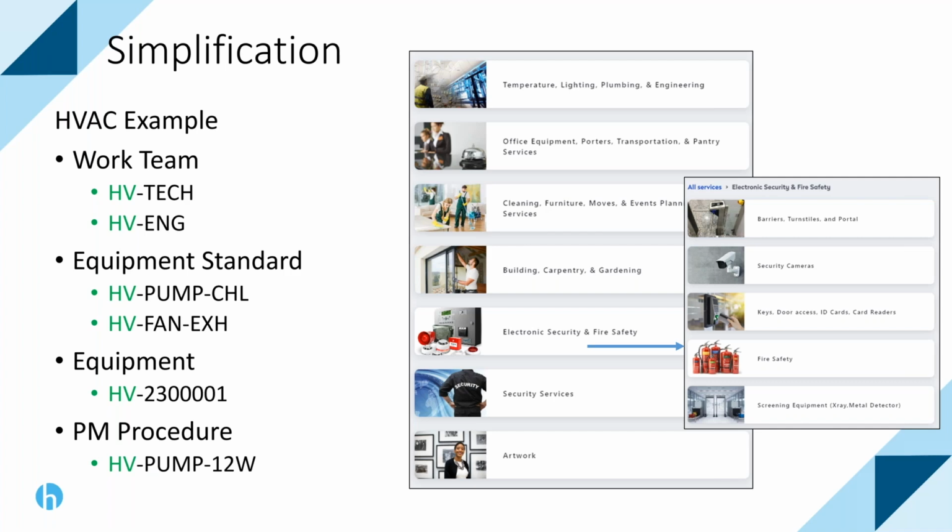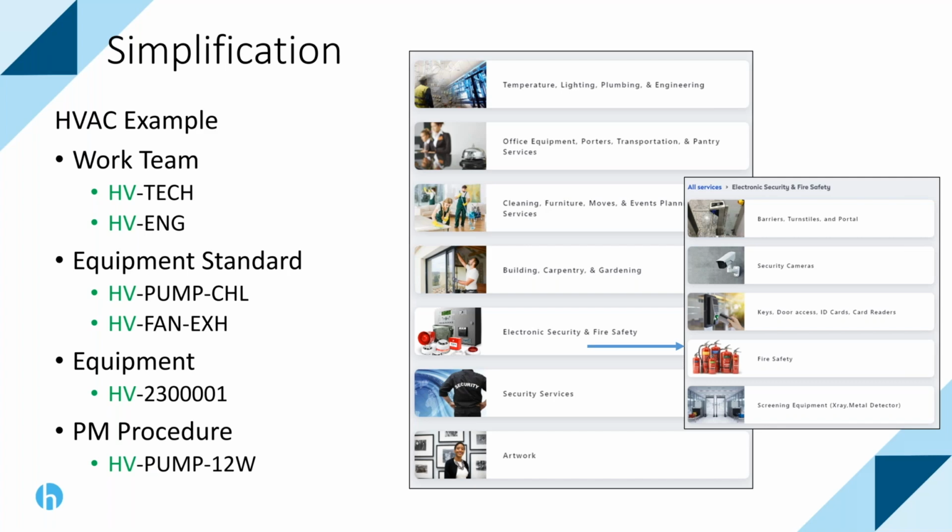And then when you're going back later and you're looking for all these things related to HVAC, they're all grouped together under HV. So you have HV techs, you have HV engineers, you have an HVAC chiller pump, you have an HVAC exhaust fan, you have equipment number 230001, and then you have PM procedure HV pump 12 weeks, which is a 3-month procedure.